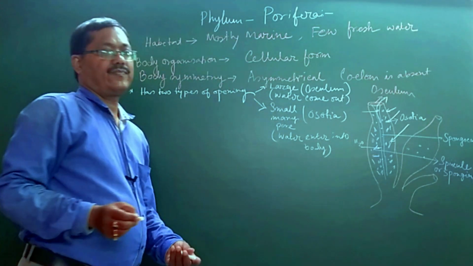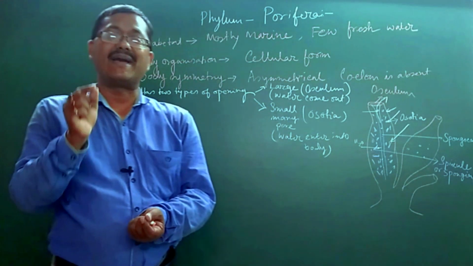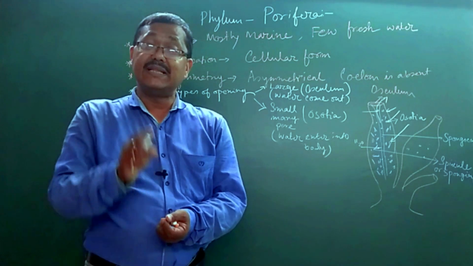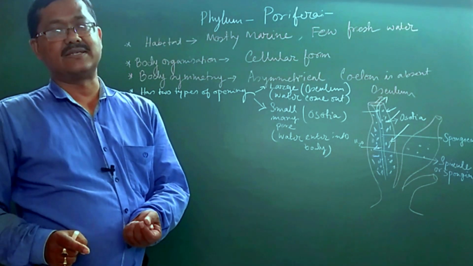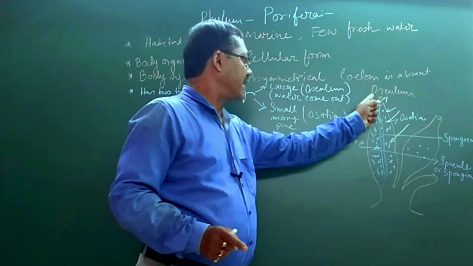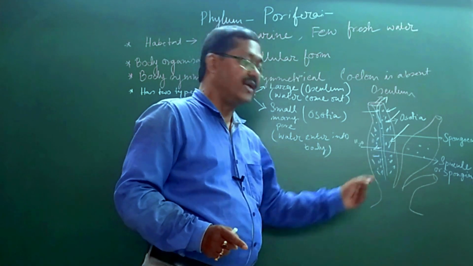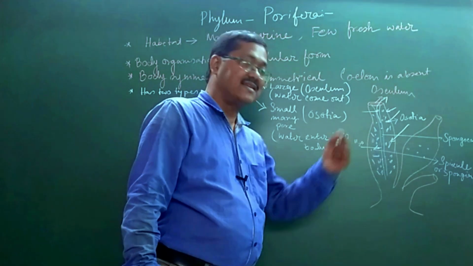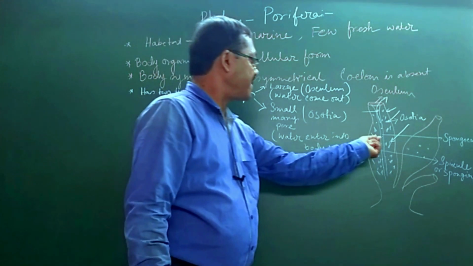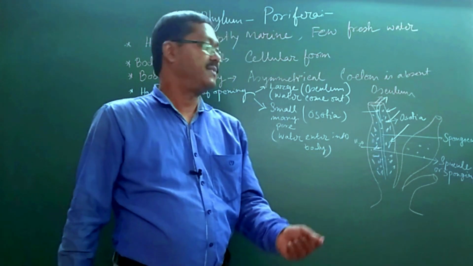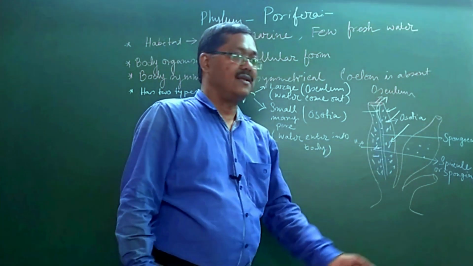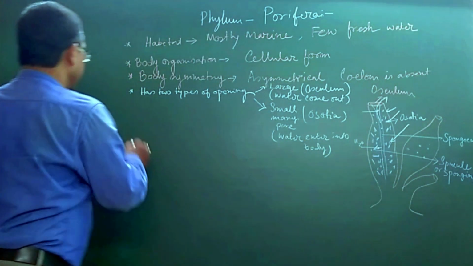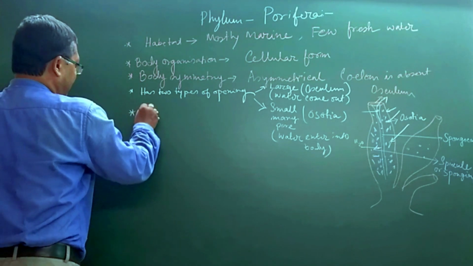The water contains different types of microscopic organisms. When water enters this canal, the spongocoel, these microscopic organisms are digested by some special cells present in the canal. This canal is called the spongocoel, the body canal.